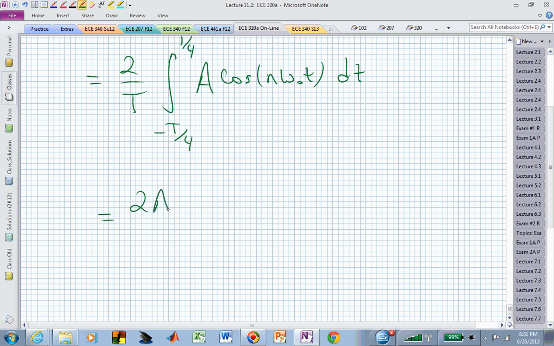We have 2A over T. We have the n omega naught that we've now divided out, and this is now sine of n omega naught t evaluated at these limits of t from minus T over 4 to T over 4.